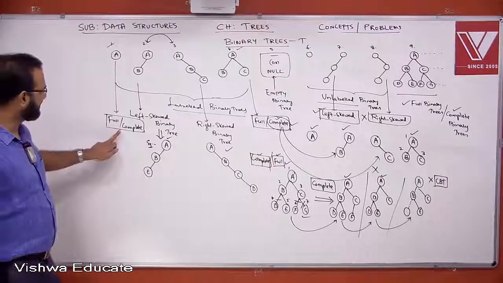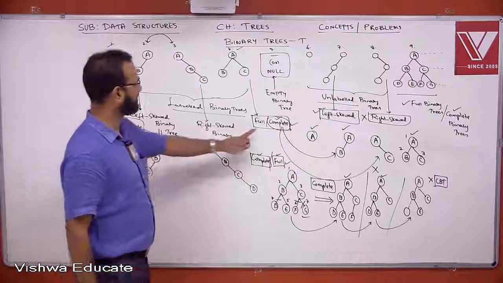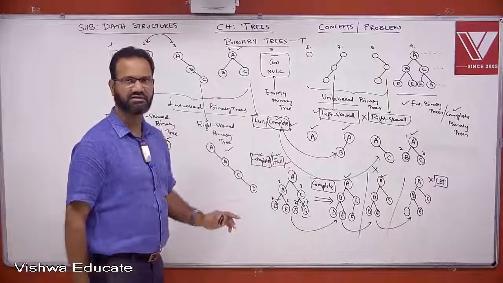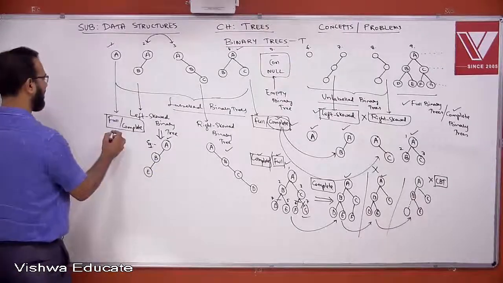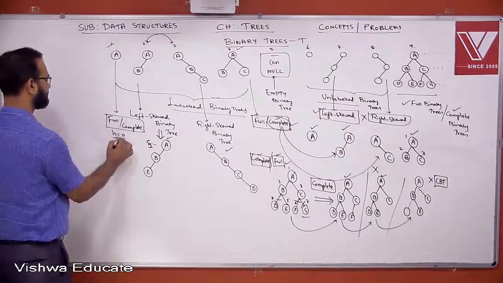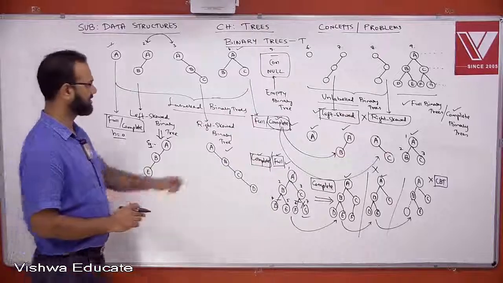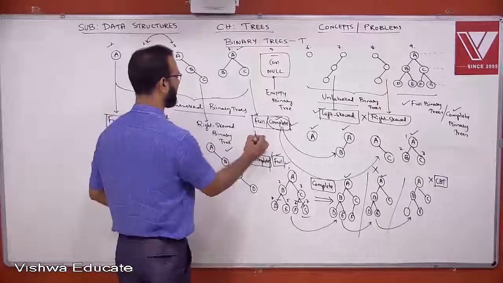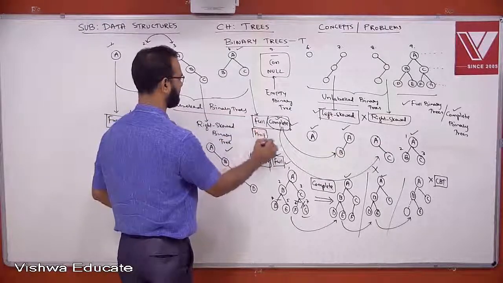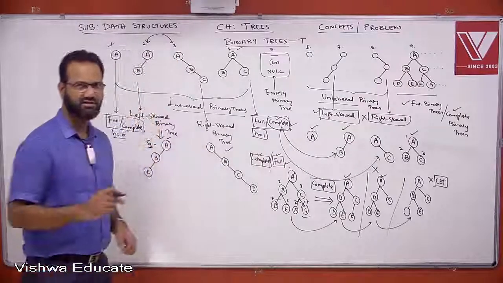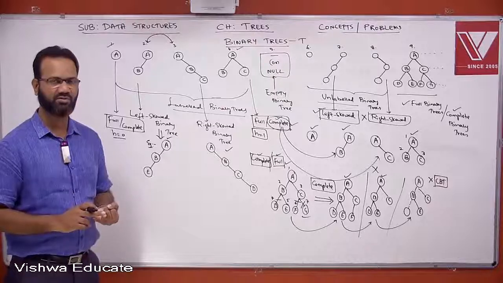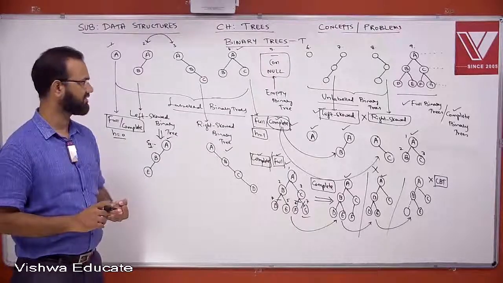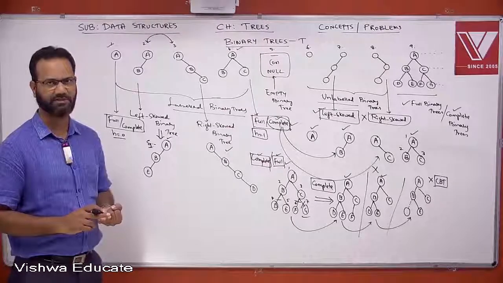What is the difference between this full and complete binary tree and this full and complete binary tree? This is a full or complete binary tree of height 0. This is a full or complete binary tree of height 1, because leaves are always referred to with respect to nodes, while height is always referred to with respect to edges.